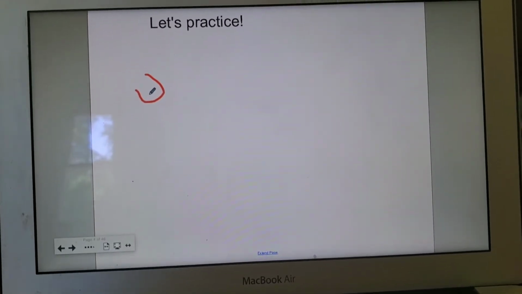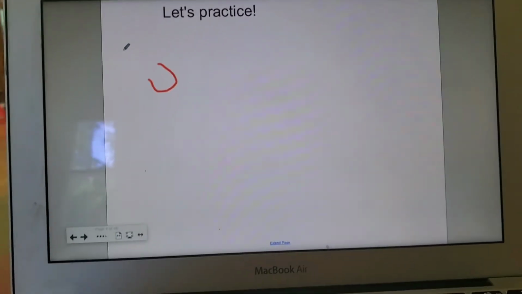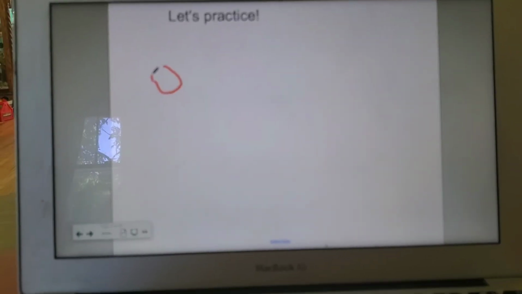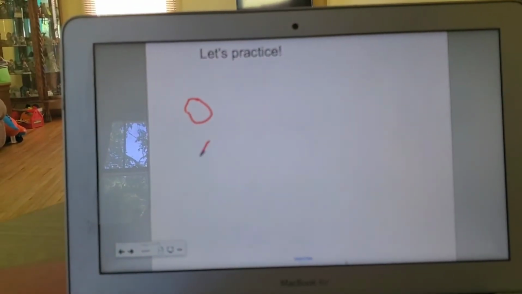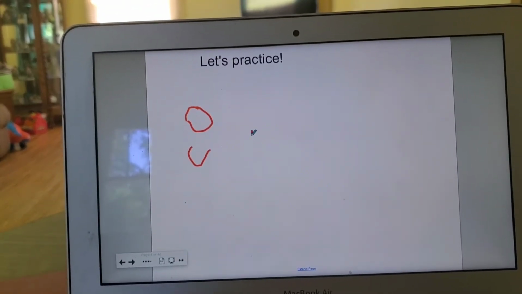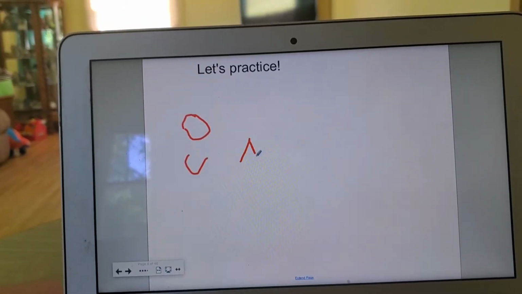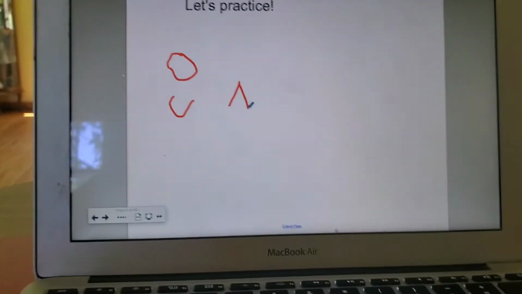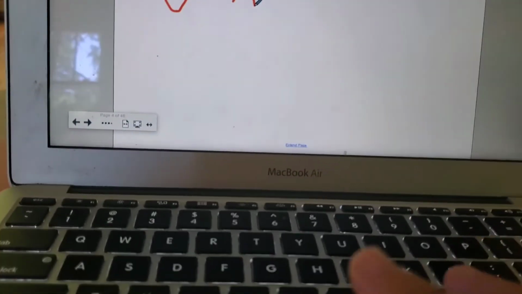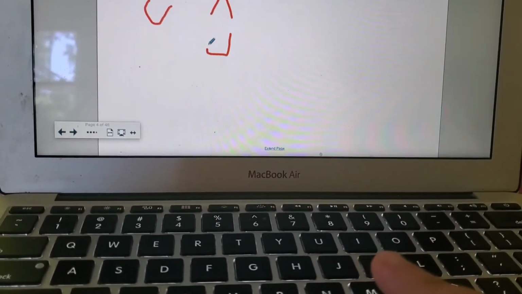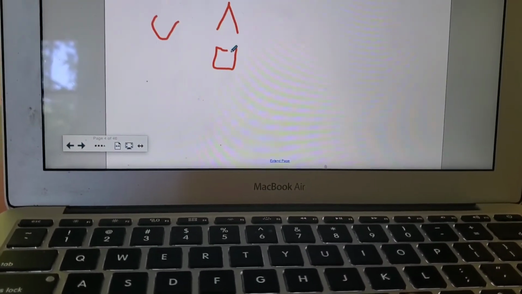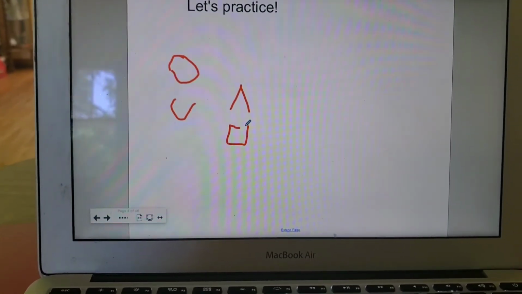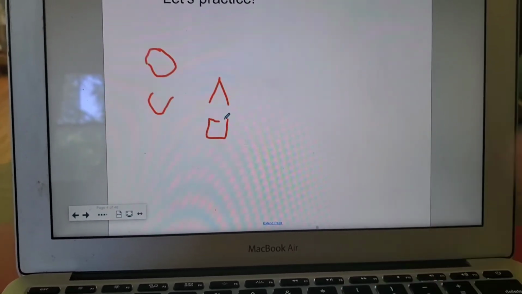So if I put a little ball in, it would be able to come on out. So if I did it like this, that's a closed figure, okay? So here's an open one. I'm going to draw another open one right here. See, that's another open figure. Or even like this. See, it has one open side, so if I put a ball in there, it could get out. Isn't that super cool?